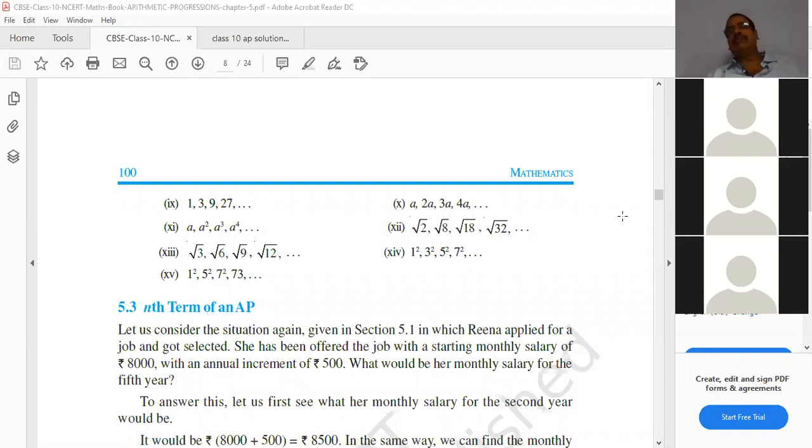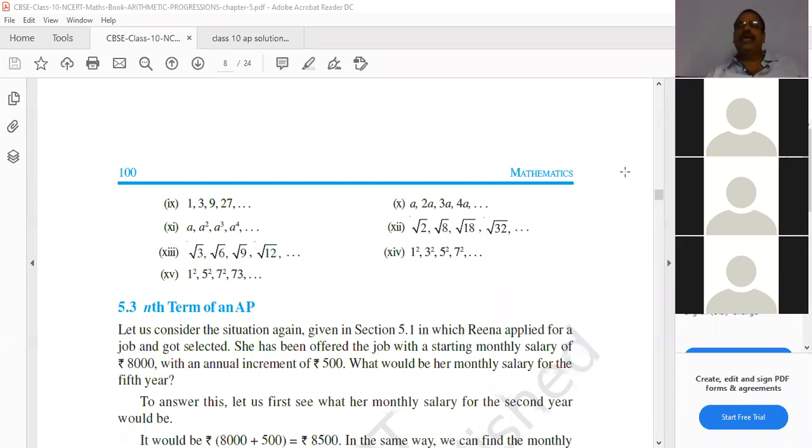The remaining three terms, what can we say? The next three terms: root 50 is 5 root 2, then 6 root 2, 7 root 2. Root 50 is 5 root 2, root 72 is 6 root 2, and root 98 is 7 root 2.